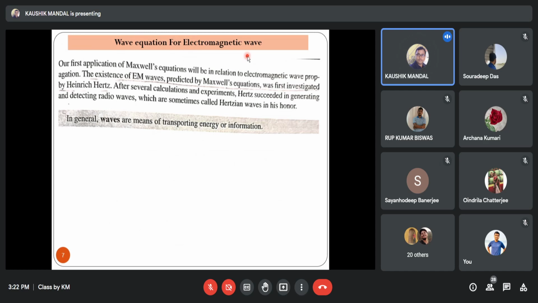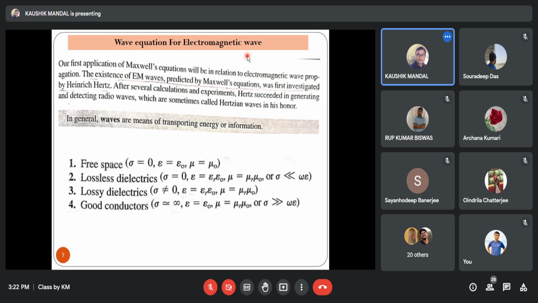Now with this basic idea, first we have to concentrate on the different types of medium, that is the free space, lossless dielectrics, lossy dielectrics, and good conductors. Now free space means epsilon equal to epsilon naught, mu equal to mu naught, and sigma equal to 0. Sigma is the conductivity.